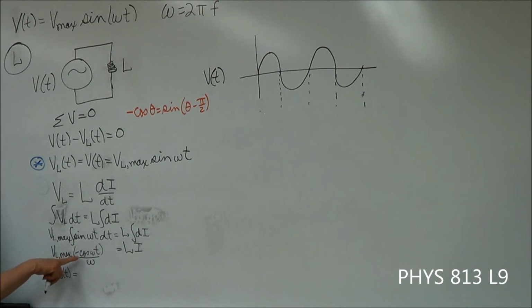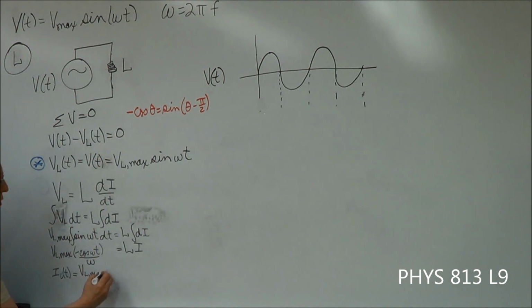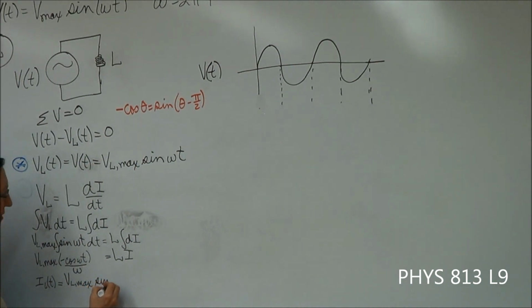Okay, so now then, we're going to have VL max, and for minus cosine of omega t, we're going to put sine of omega t minus pi over 2.